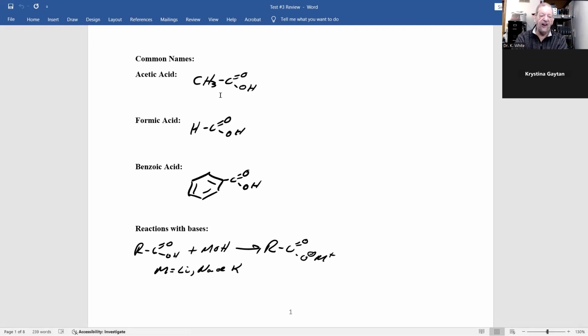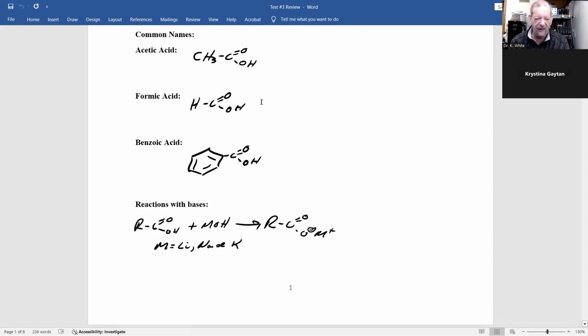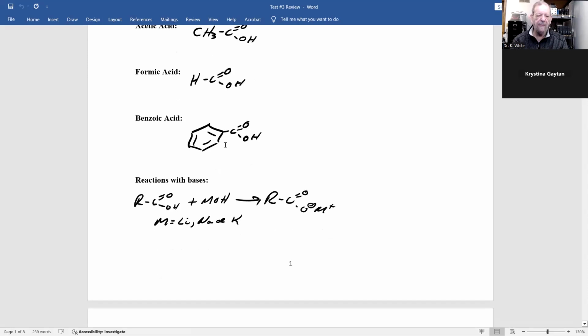Next, when R is a hydrogen, that's formic acid. And that in water heated up is the defensive weapon of the fire ant. And finally, when R is a benzene ring, both the IUPAC and the common name is benzoic acid.